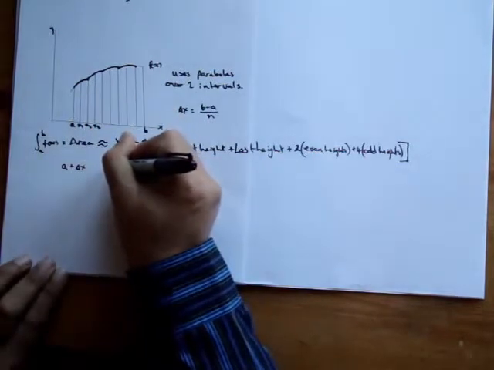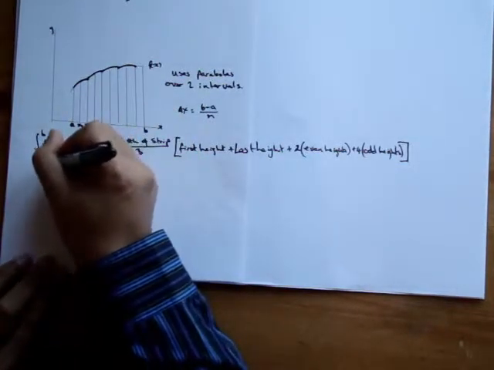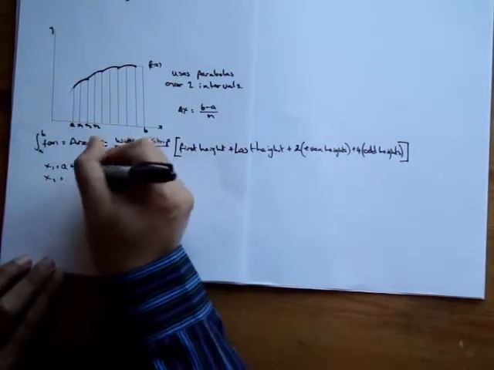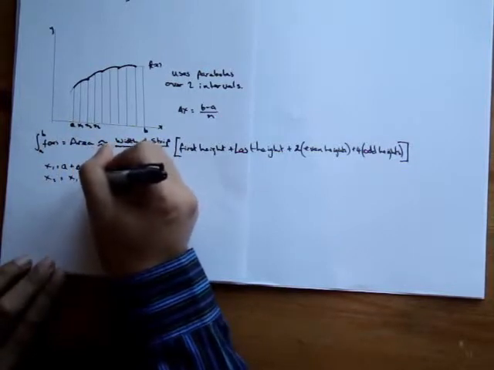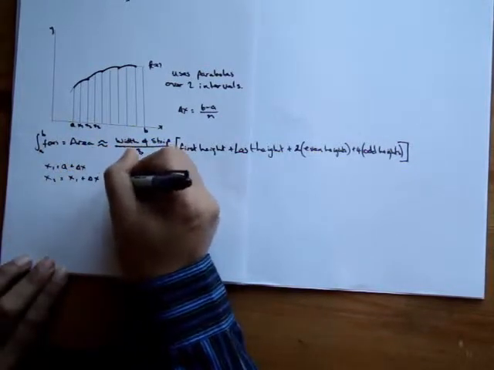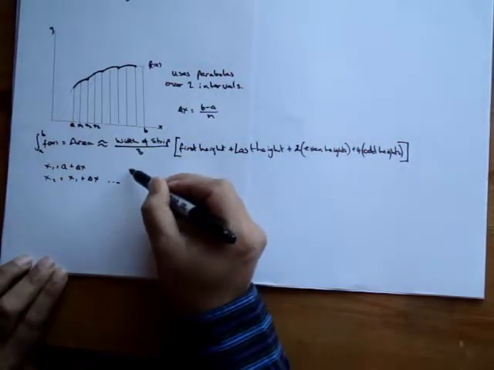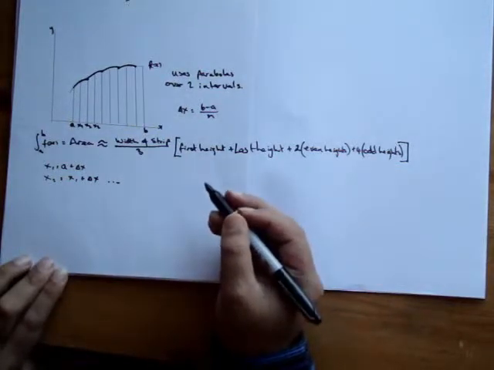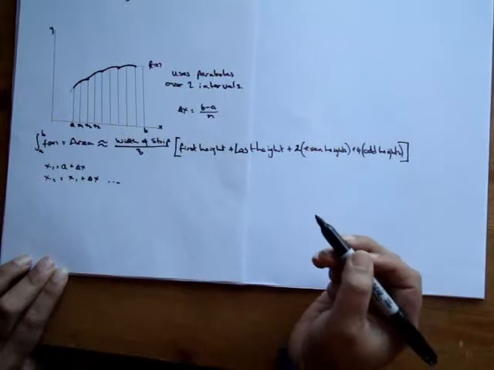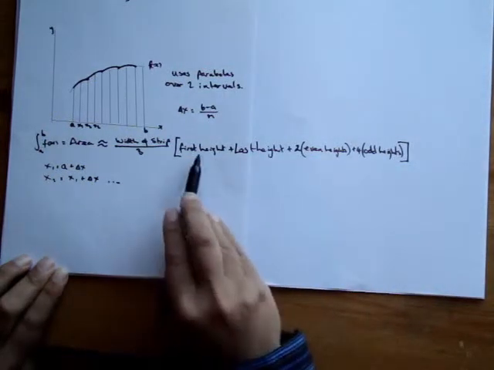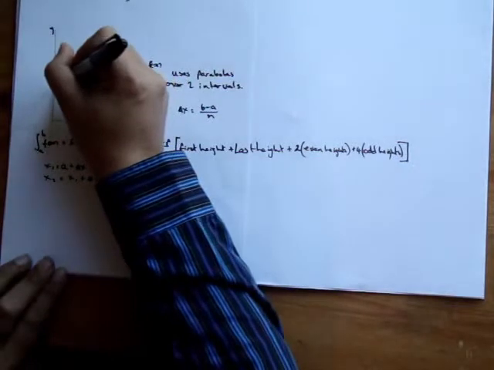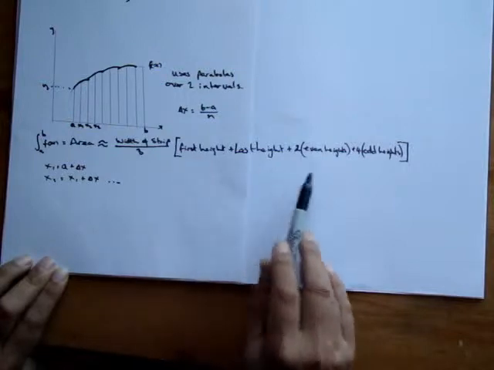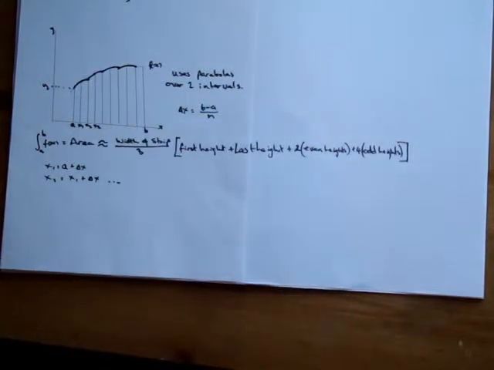Then the next x2 would be x1 plus delta x, and so on. Then the answer that we get here, we plug into our f of x formula, and we get the heights, or the y. Plug that into our Simpson's rule and we get a very good estimate of the area.